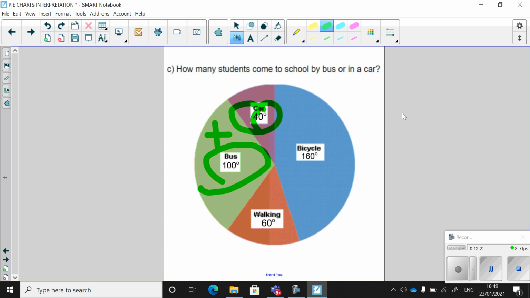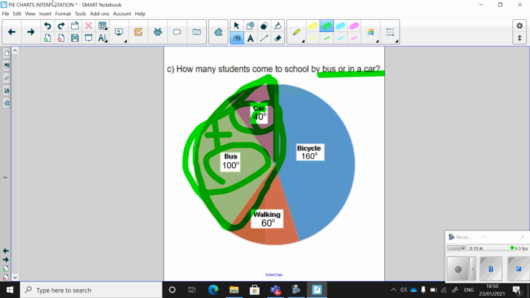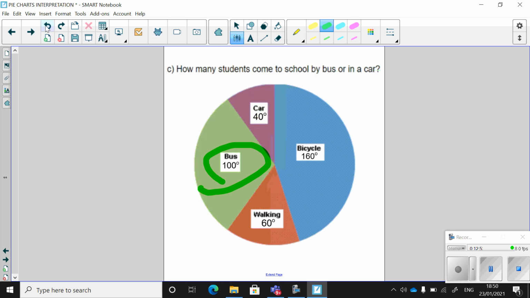So that's the two groups we are interested in here. So hopefully 100 plus 40. You can actually do it another way. That's fine. 100 plus 40. That's what we're into. Bus or car. That's what we're interested in here. So hopefully the angle of interest is 140.